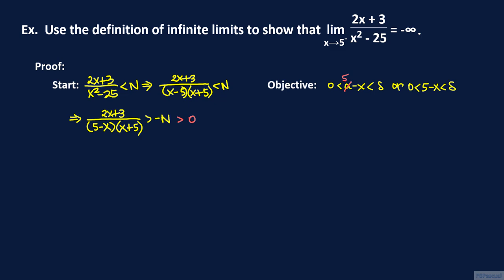With both sides of the inequality being positive, we take reciprocals and reverse the inequality. We get the product of 5 minus x and 5 plus x over 2x + 3 is less than minus 1 over N.